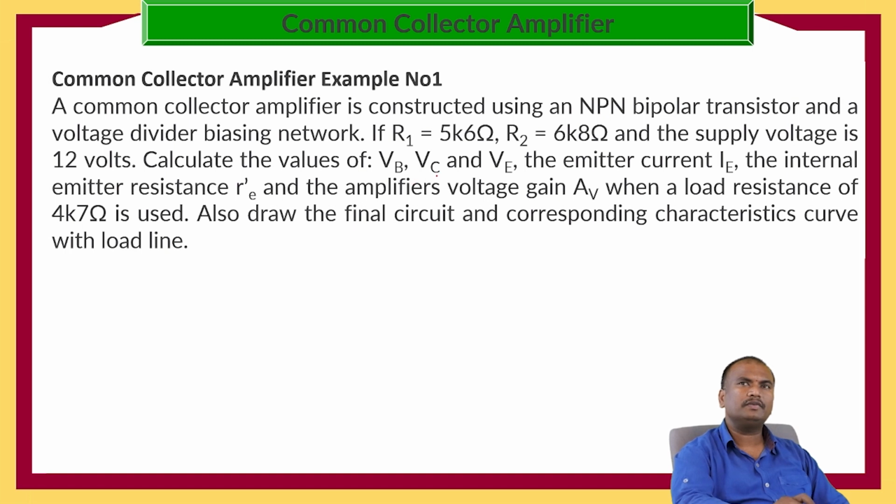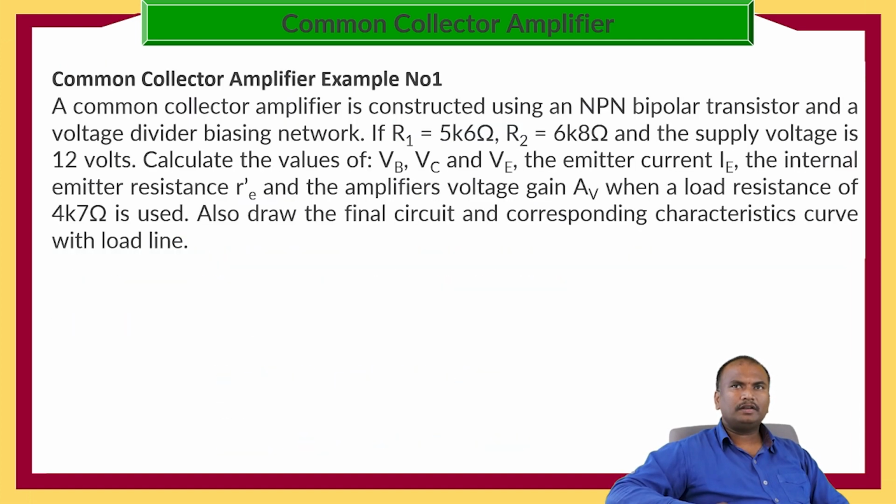Calculate the values of VB, VC, VE and the emitter current IE, the internal resistance re dash and amplifier voltage gain AV when the load resistance of 4 kilo ohms is used. Also draw the final circuit corresponding to the characteristic curve with load line.